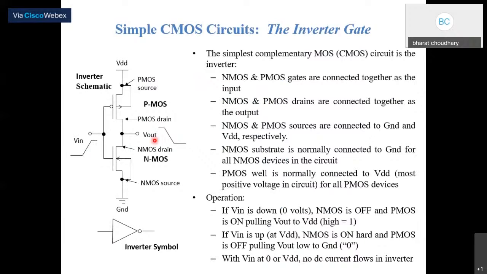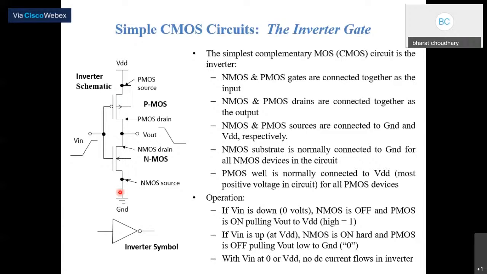Now we are moving towards the CMOS circuit. CMOS is made of a combination of NMOS and PMOS transistors. That's why it is called the complementary MOS circuit. This is the most fundamental circuit in digital design. Here the drain terminals of both NMOS and PMOS are connected to each other, whereas the PMOS source and substrate terminals are connected to the higher potential or power supply, to eliminate body bias effects.